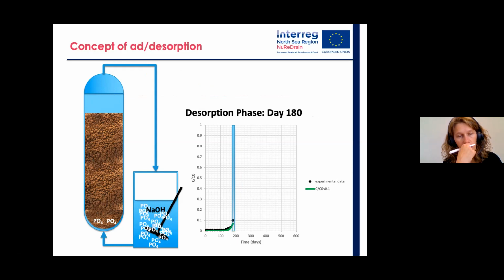That solution we can then use directly as a fertilizer, but we can also do a precipitation, like with calcium hydroxide, or in another way, to make a fertilizer again. That's the concept that we are using.